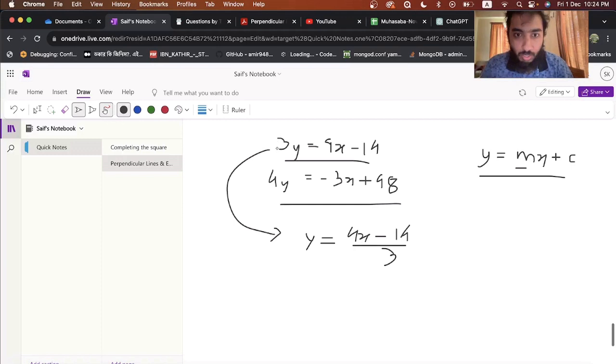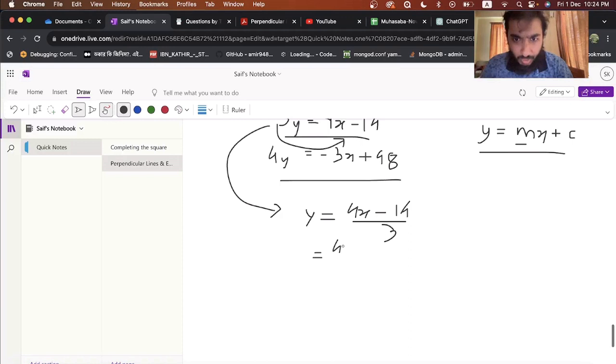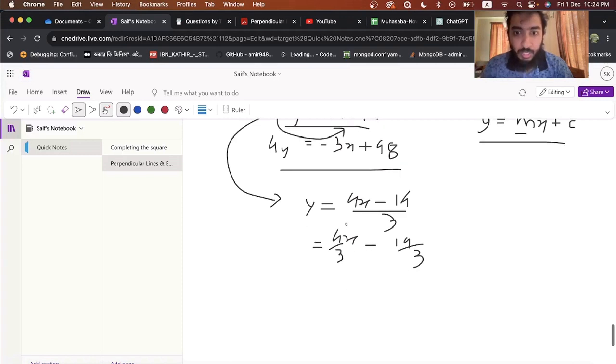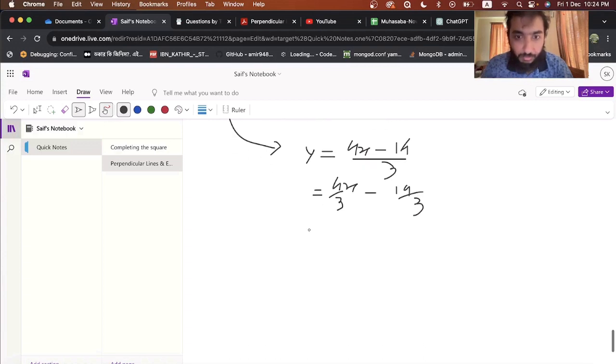We can split this and write 4 by 3 x minus 14 by 3. This is the same expression, we just split the two parts.